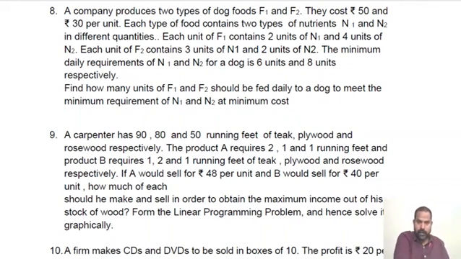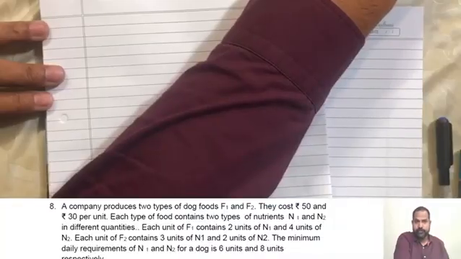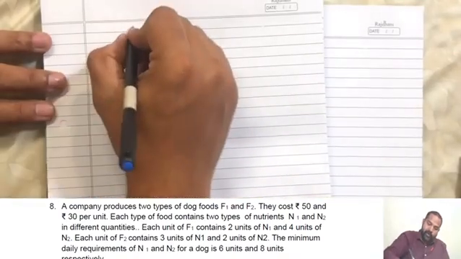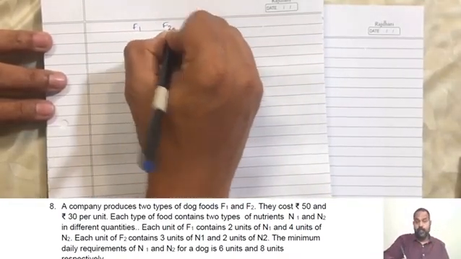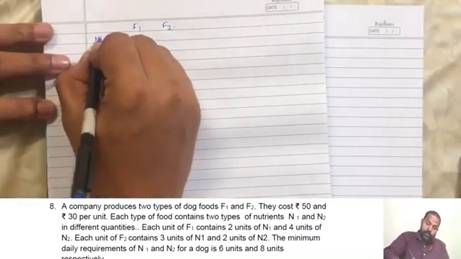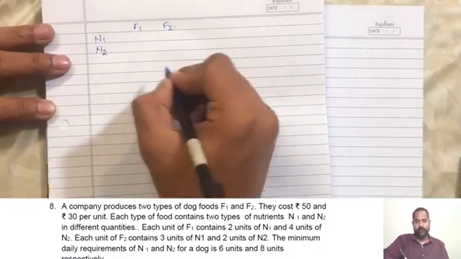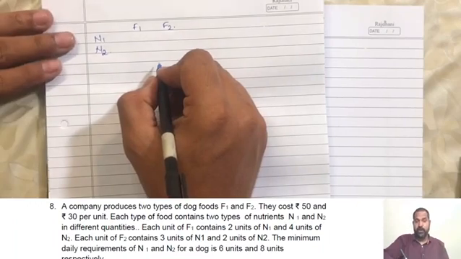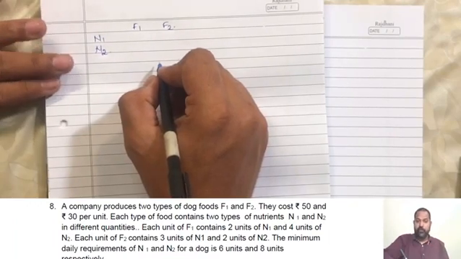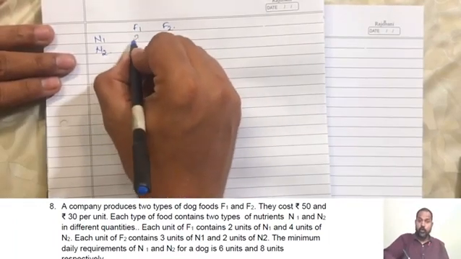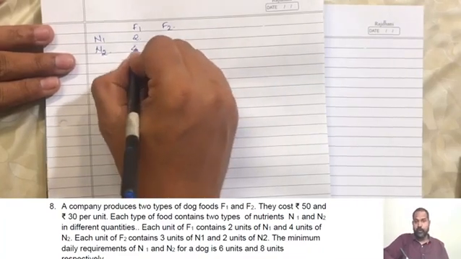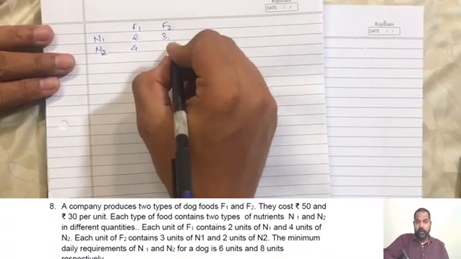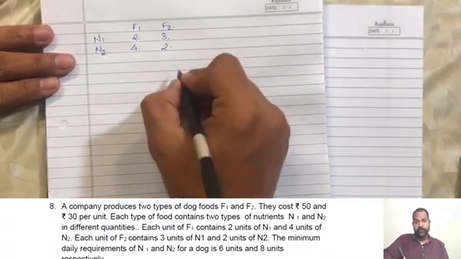Okay, let me summarize the question. A company produces two dog foods, F1 and F2, and these foods have two nutrients, N1 and N2. Each type of food contains two types of nutrients, N1 and N2, in different quantities. Each unit of F1 contains 2 units of N1 and 4 units of N2. Each unit of F2 contains 3 units of N1 and 2 units of N2.